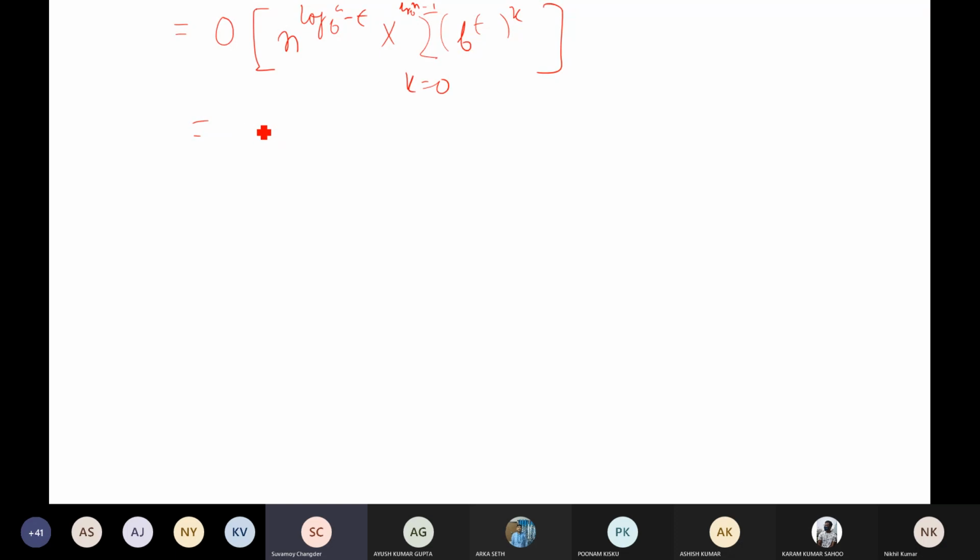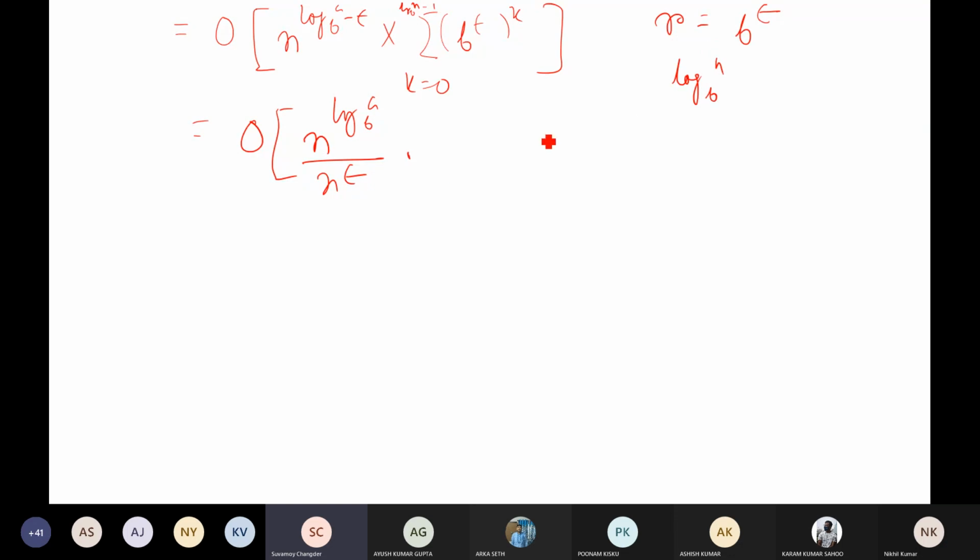So we can write this sum as n to the power log a base b by n to the power epsilon, we can write into b to the power epsilon and up to this term, so r to the power n minus 1. So here r is b to the power epsilon and the number of terms here is log n base b. Okay, we got r, the common ratio, is b to the power epsilon, and the number of terms is log n base b, because we are counting from 0 to log n base b minus 1.